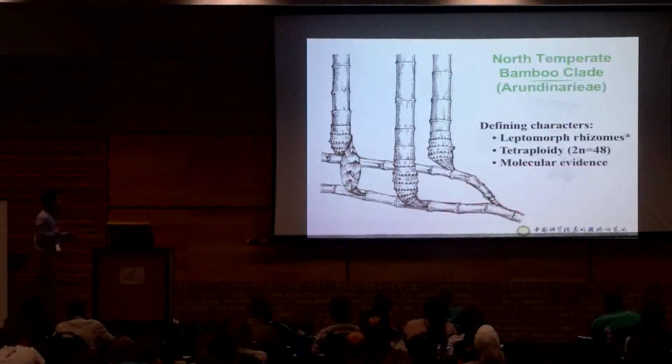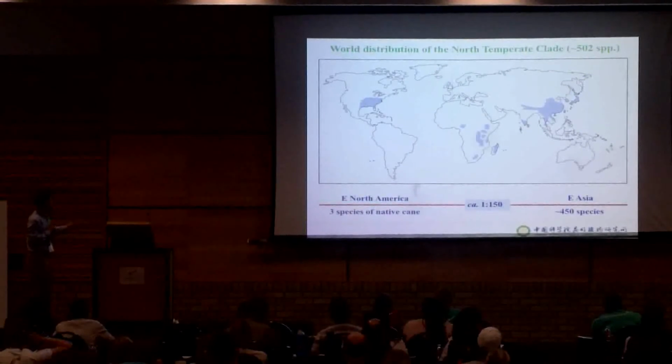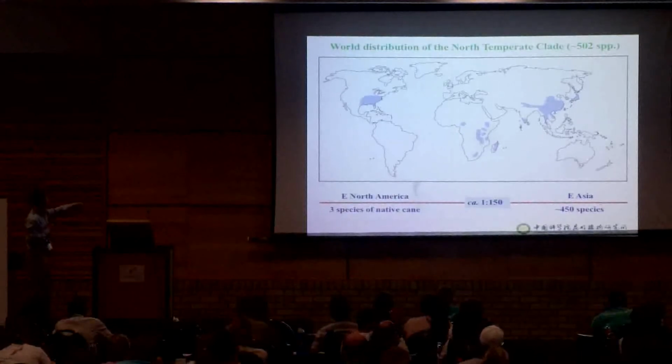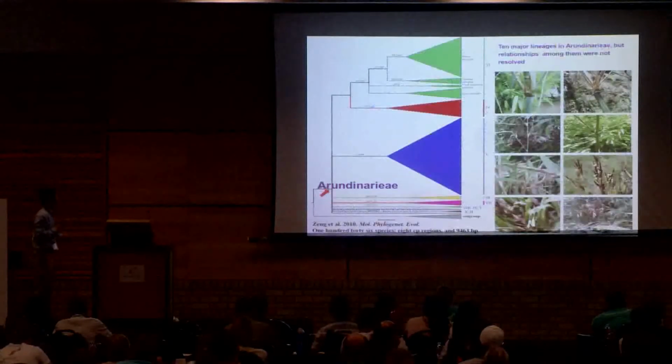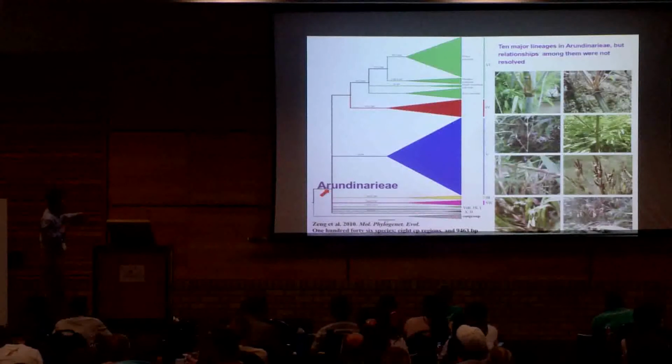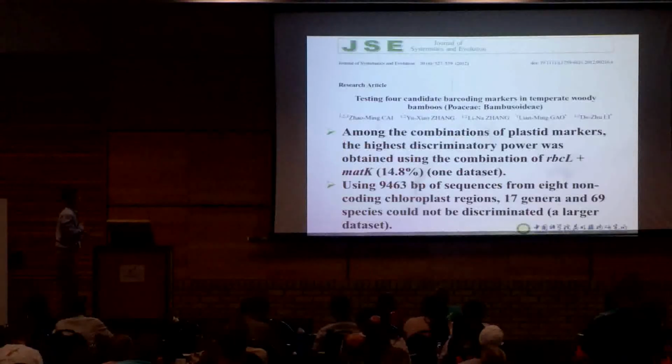And talking about the temperate clade, which is mostly in Eastern Asia, only a few species in Africa and Madagascar, and 3 species in North America. And we used a large number of the chloroplast sequence, only distributed 10 major clades, but some of these clades, with the biggest one is including 19 genera in the traditional taxonomy.